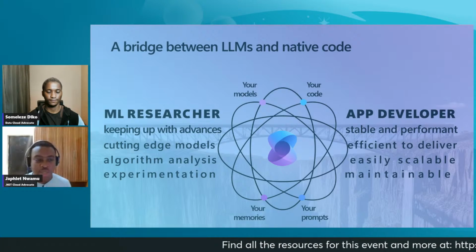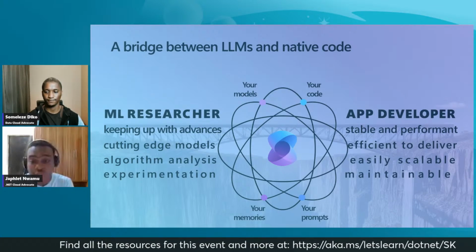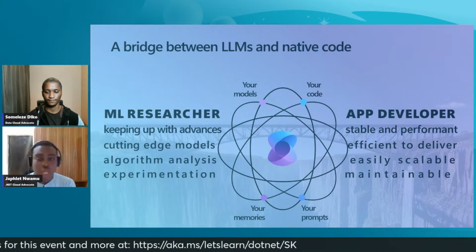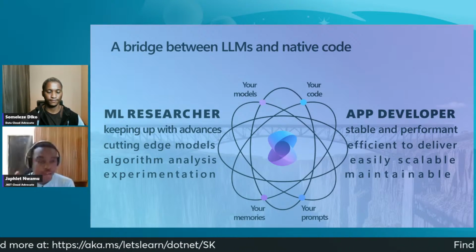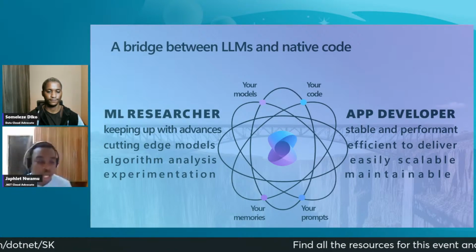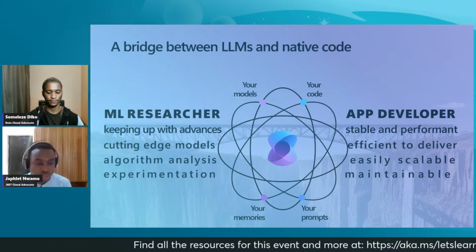That's the great thing about the power of artificial intelligence. You have your code, your models, your memories, and your prompts, all working together to come up with amazing solutions.